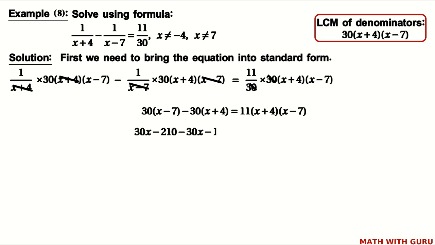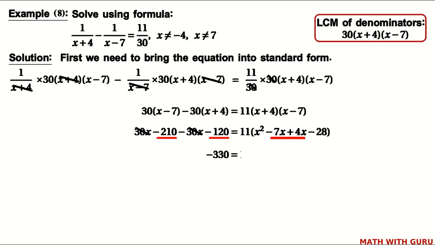Let us open the brackets. 30x minus 210 minus 30x minus 120 equals 11 into x squared minus 7x plus 4x minus 28. plus 30x minus 30x, they vanish. Minus 210 minus 120, they are the like terms. Again minus 7x plus 4x, they are also like terms.